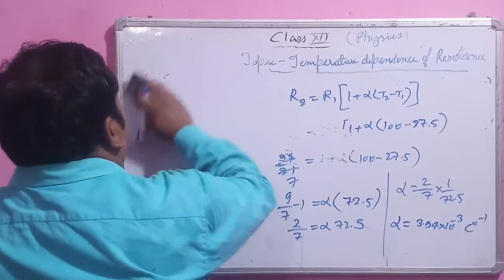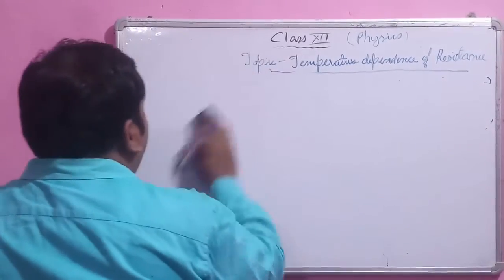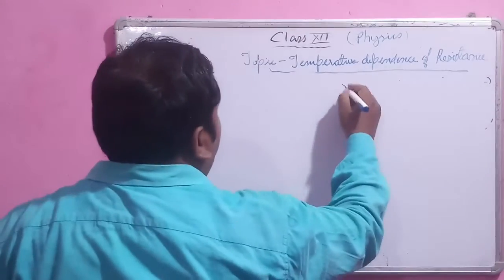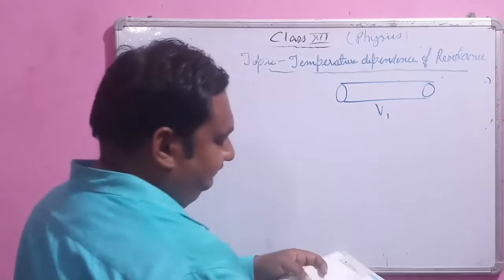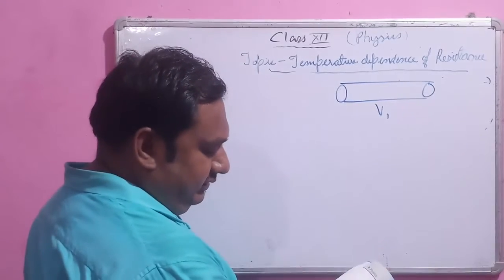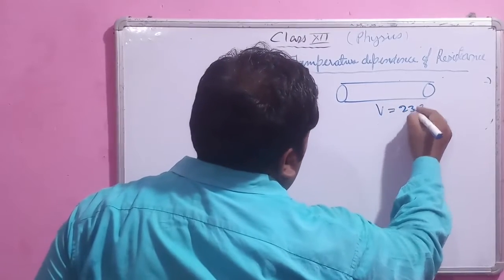So in this question they are not directly giving the resistance, but indirectly they have given it. The potential difference is 230 volt.